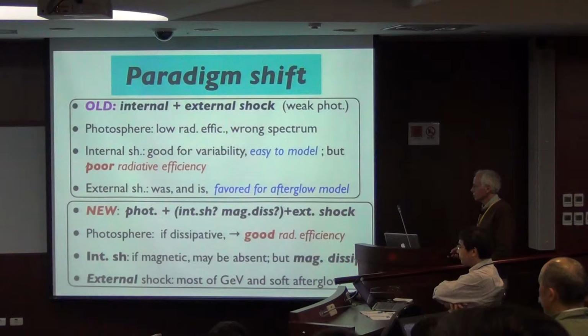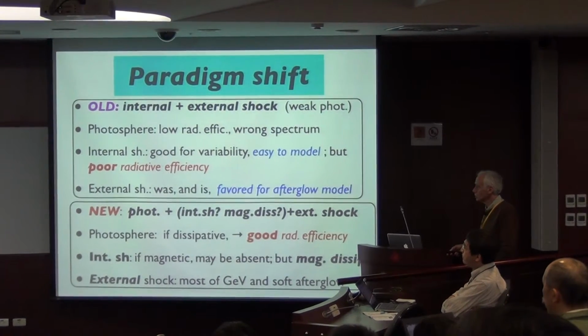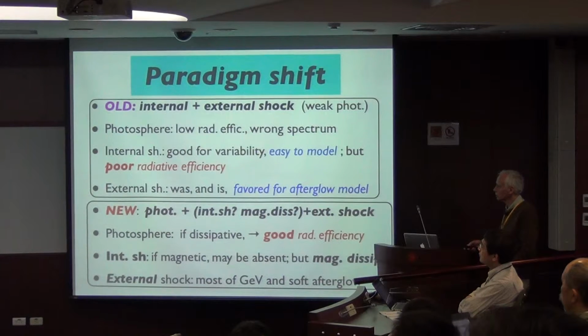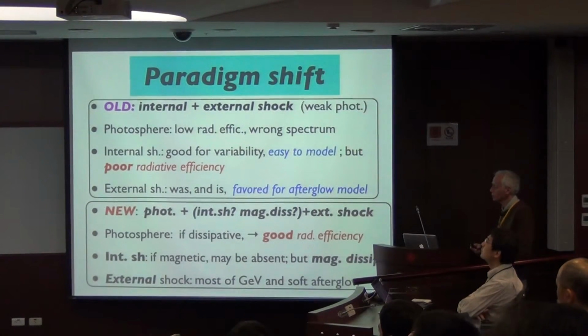With the external shock, there was never a problem. That always worked for the synchrotron interpretation. But these issues, that the spectrum of the internal shock is wrong and that the radiative efficiency is poor, needed to be addressed.